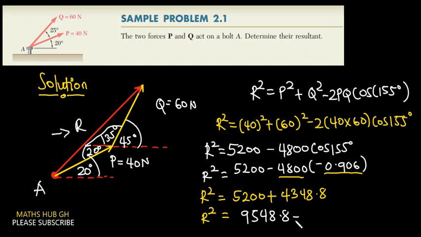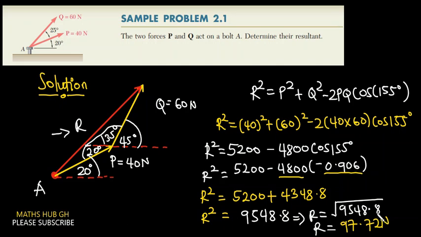So R is equal to the square root of 9548.8. The square root of this value will give us 97.72 Newton. Okay, so this will be our answer.